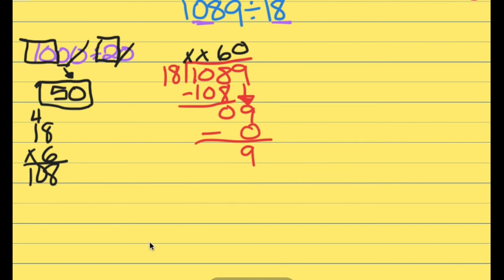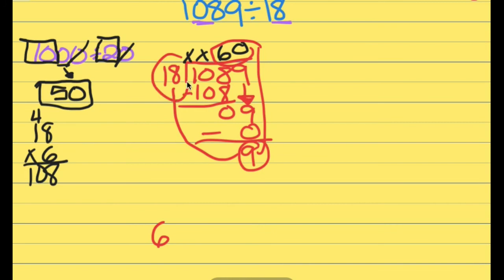To help us out, we can stop here and write it as a mixed number. We have 60 as our whole number, 9 would be our numerator, and if we go all the way around, we'll have 18 as our denominator. But we're not done there.